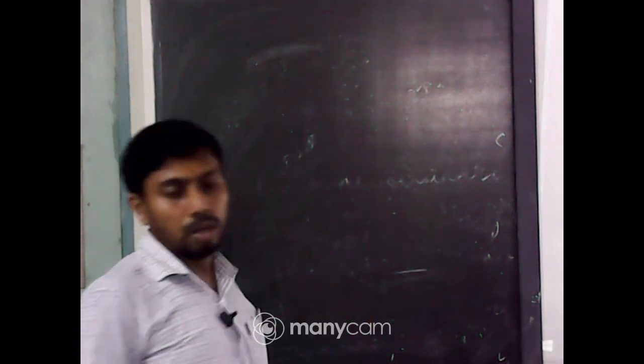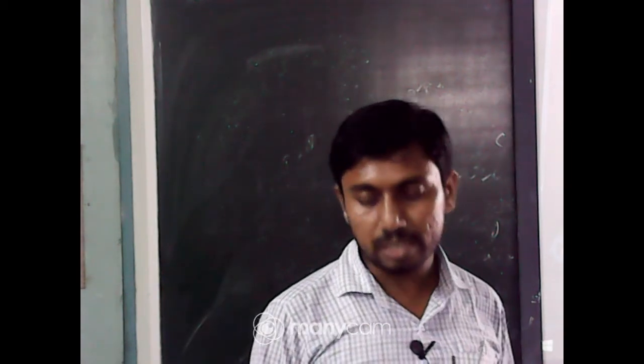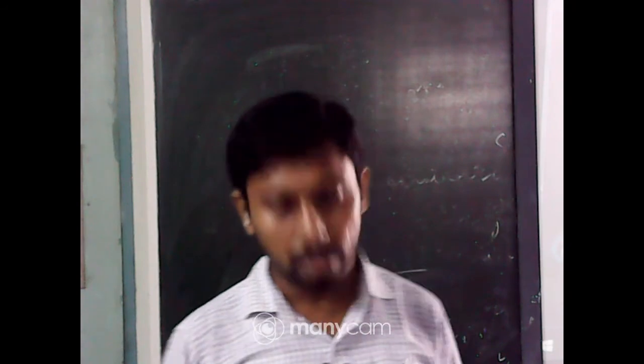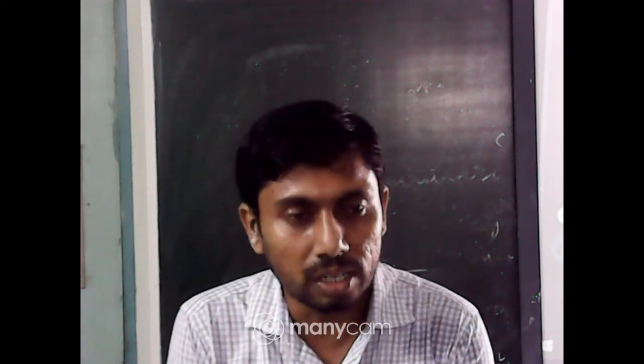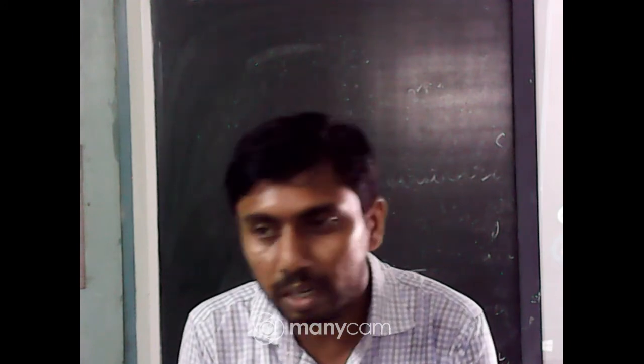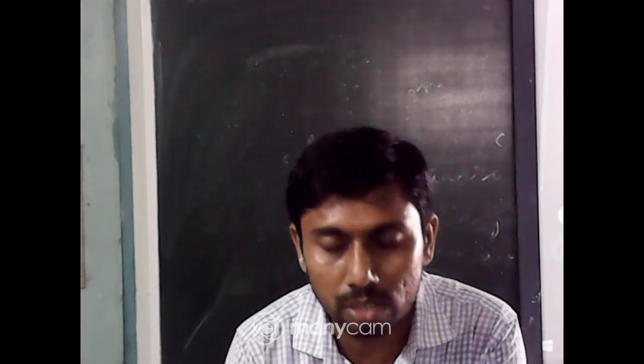So, last day I discussed the concept of what is the dissociation of water and what is the relation between the dissociation of a weak acid in its aqueous solution.